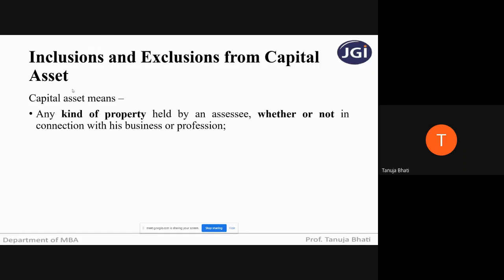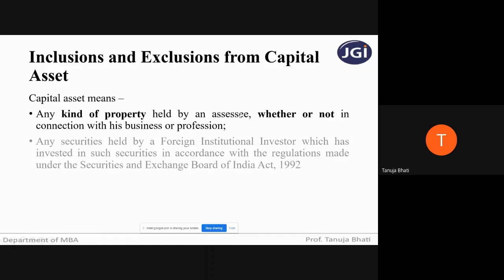So students, capital asset means any kind of property. Students, pay attention. It is any kind of property which is held by the assessee, whether or not in connection with his business or profession. So capital asset means not only an asset which is relating to his business or profession. It can be his personal asset also, or it can be an asset relating to his business or profession, and it can be property of any kind, but it should be held by the assessee.